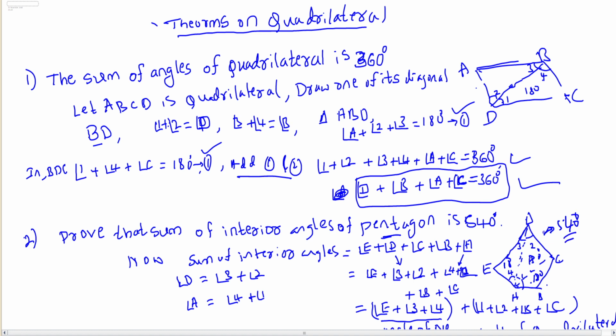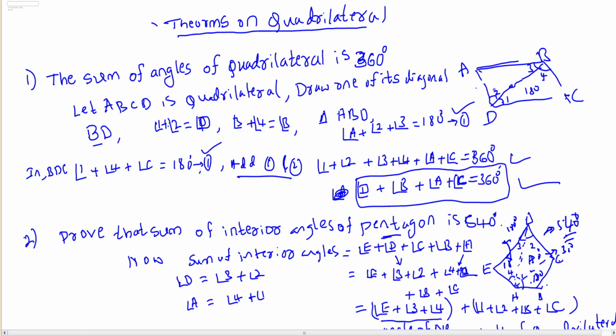There is an alternative: we already proved in the first theorem that quadrilateral ABCD has angle sum 360, plus this triangle's 180, that is 540.